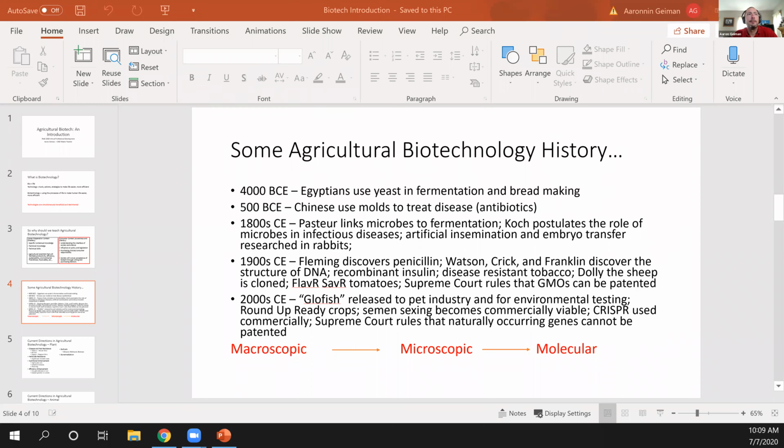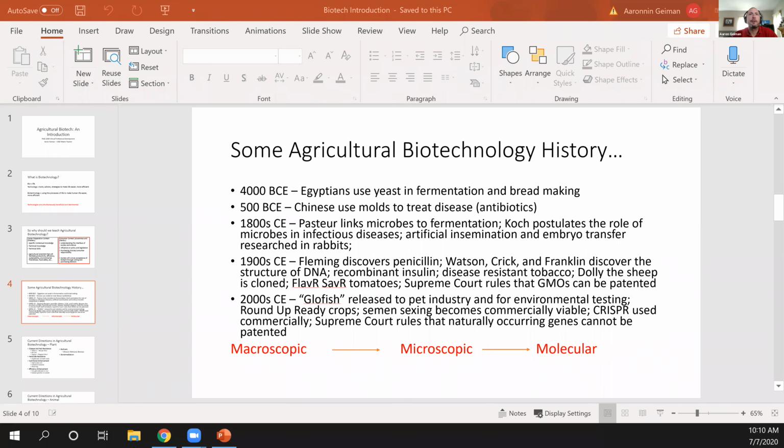And then finally, here in the current century, we see glowfish released into the pet industry, and they're also used for environmental testing. Of course, Roundup Ready crops are out there. Semen sexing is very, very commercially viable nowadays, especially in the dairy cattle industry. In the last 2 years, CRISPR technology is actually being used in the human race by a Chinese scientist who disappeared for a while, and he's come back, but there's a lot of controversy out there regarding that.